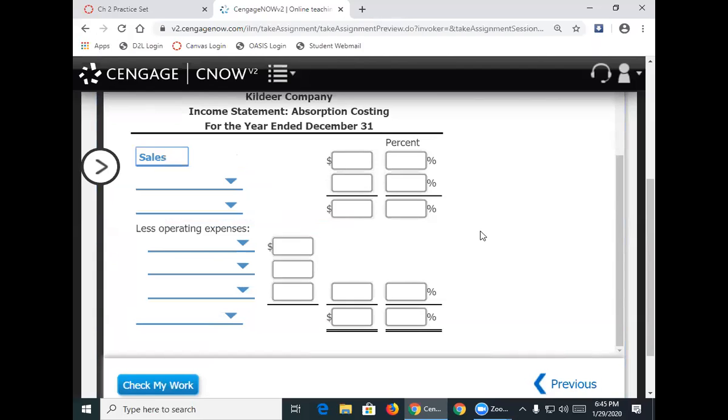So we always start with sales. How many easels did we sell? 31,000. What was our sales price? $52.